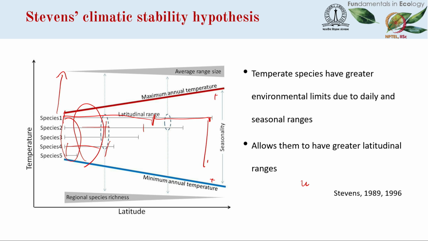And this is a consequence of species from the north extending their ranges into the south, and this was one of the outcomes that was proposed, resulting in the consequence that the lower latitudes had higher species richness. So it was suggested as one possible effect.